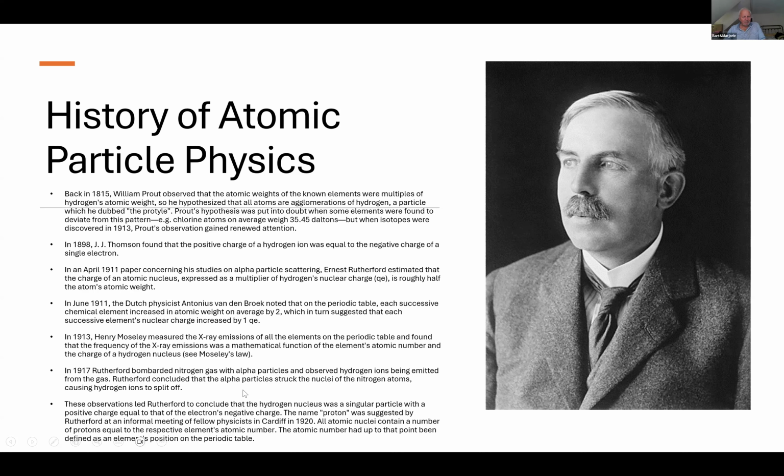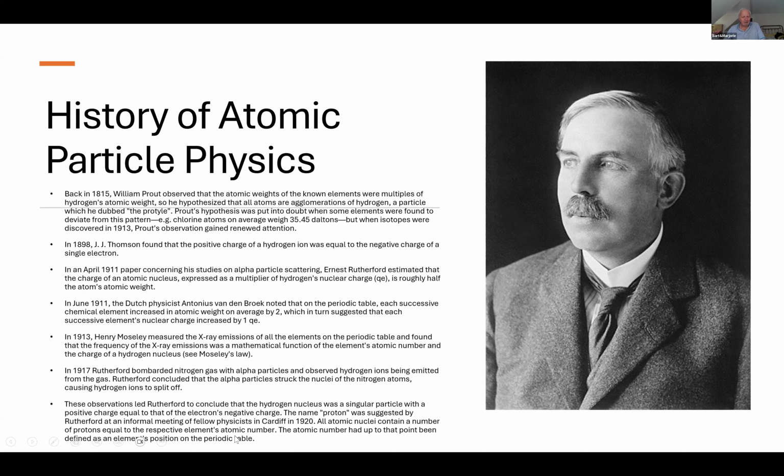And this in turn led Rutherford to bombard nitrogen gas with alpha particles, and he observed hydrogen ions being emitted from the gas. So he concluded the alpha particle struck the nucleus of the nitrogen atoms and split off these hydrogen ions or protons. So the net of this was Rutherford concluded that the hydrogen nucleus was a single particle, a proton with a positive charge equal to the electron's negative charge.